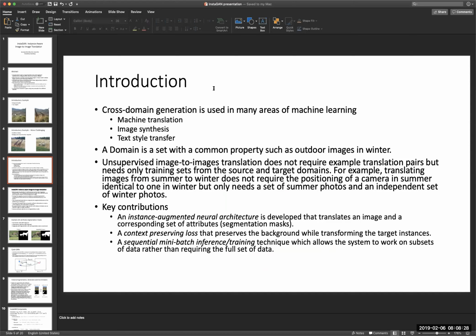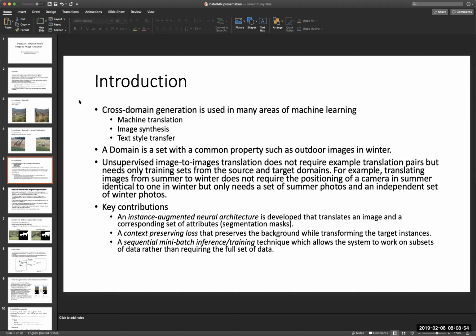So I'll go into some of those more fundamental ones, give you some introduction to that. But more than just what they've done in the paper, cross-domain generation is used in many areas of machine learning, machine translation, image synthesis, and text style transfer.